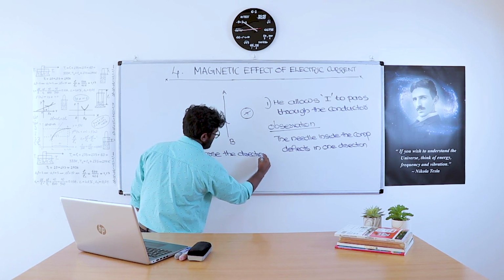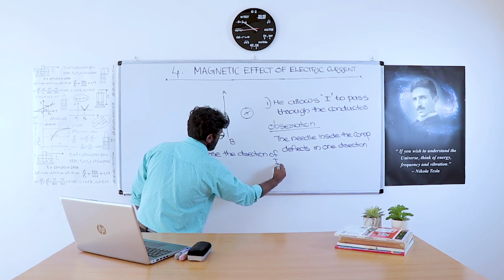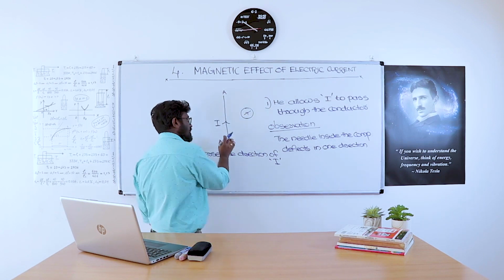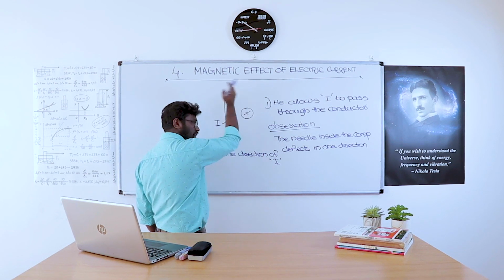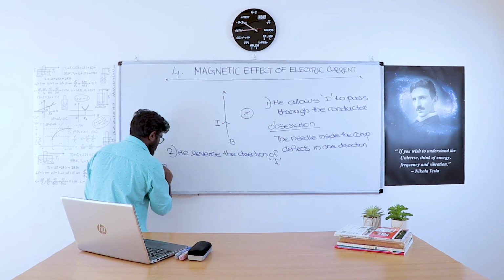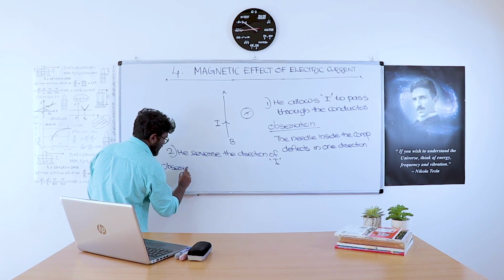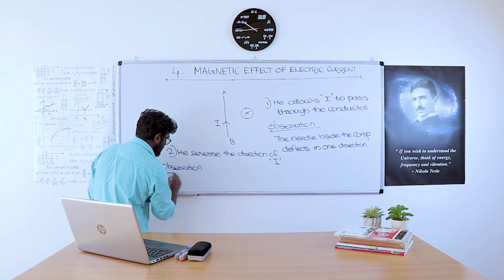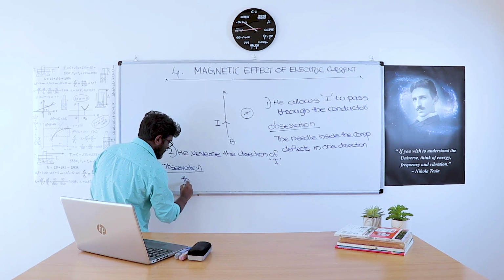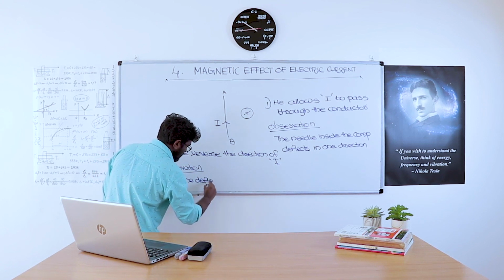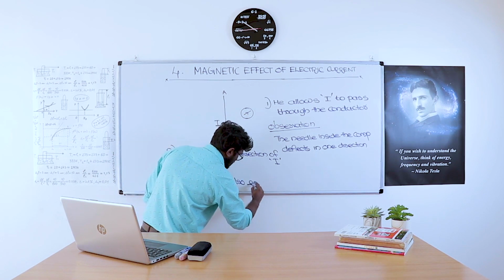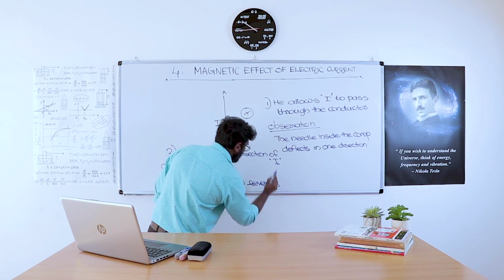First he allows electric current to pass from B to A, then from A to B. His observation is that when he reverses the direction of electric current, the deflection also reverses.